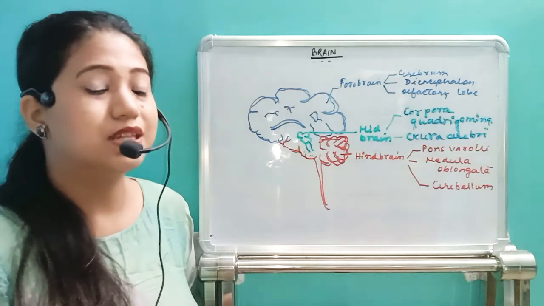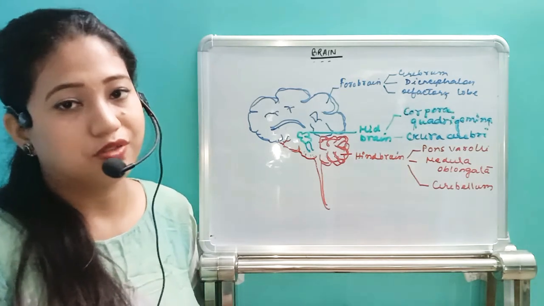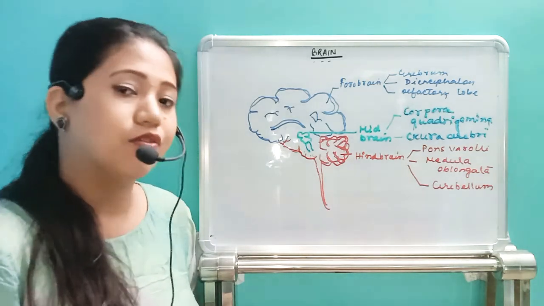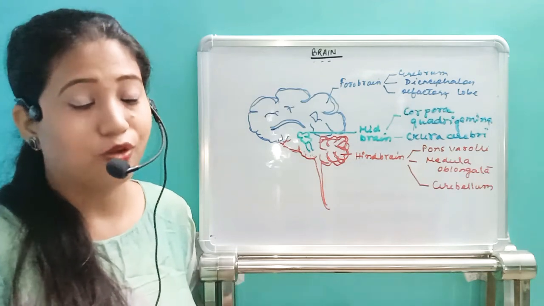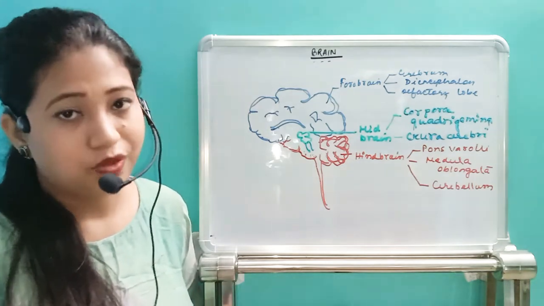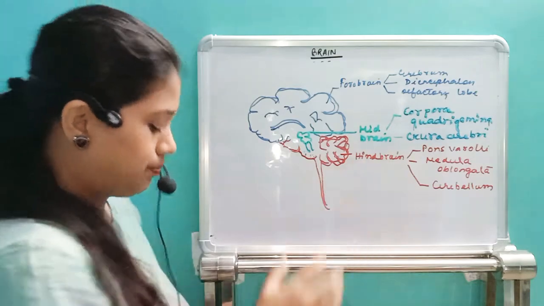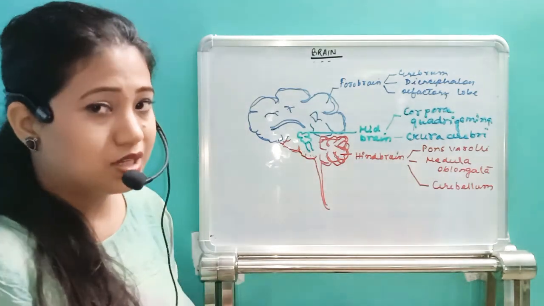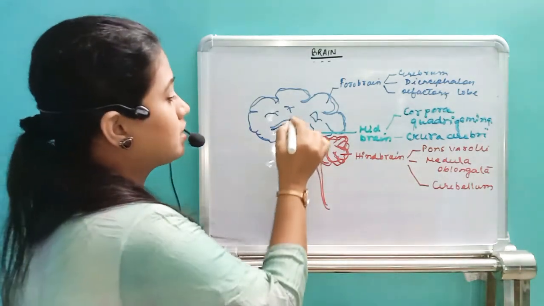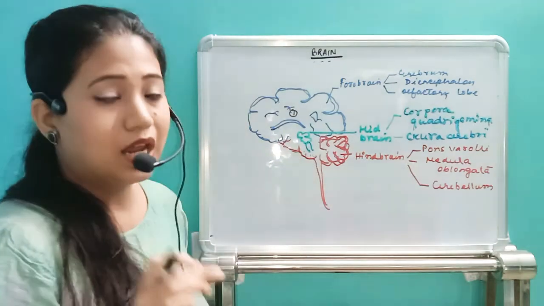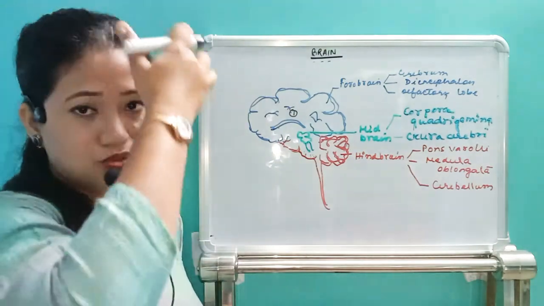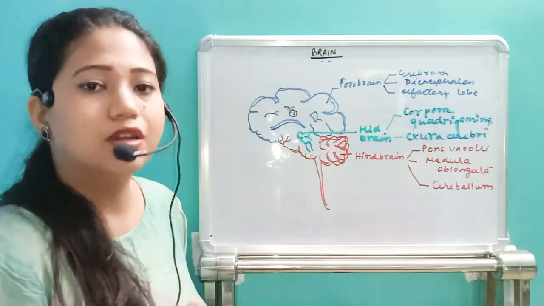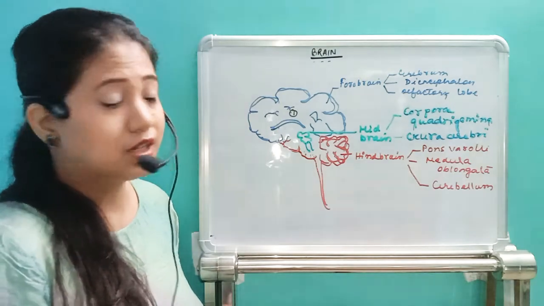Now after that we will see part by part the different parts of the cerebrum, then the olfactory lobe, then the diencephalon, then after that we will go on. So first of all, this is the brain. Where does the ventricle present? In the forebrain, in the cerebrum region, the two cerebrums we have, we have two ventricles.